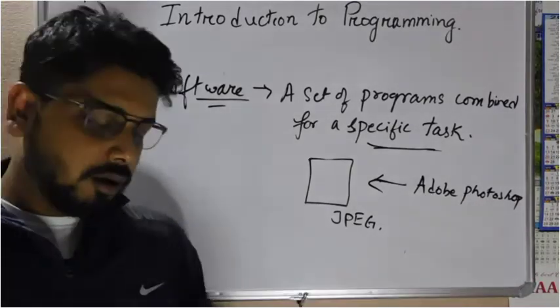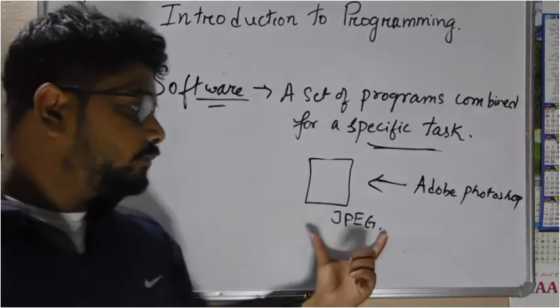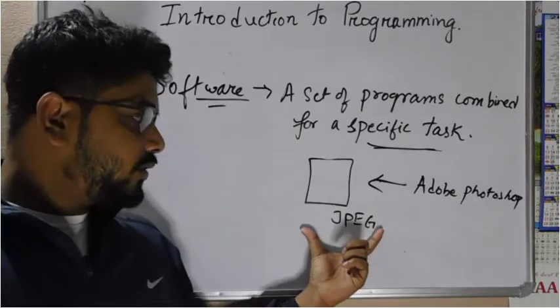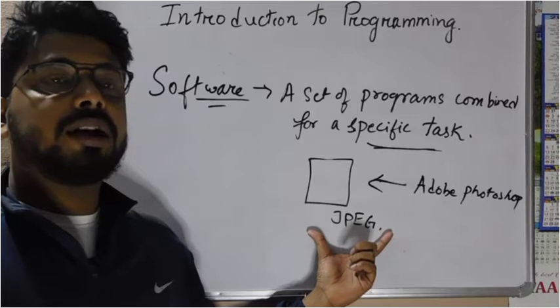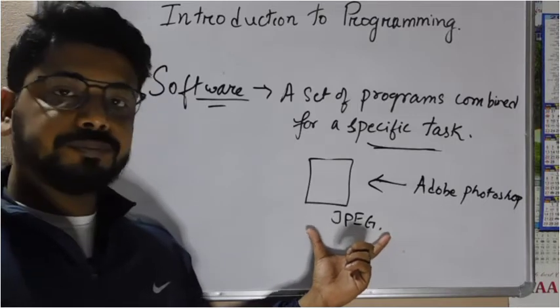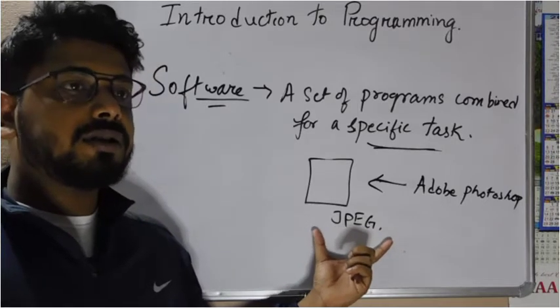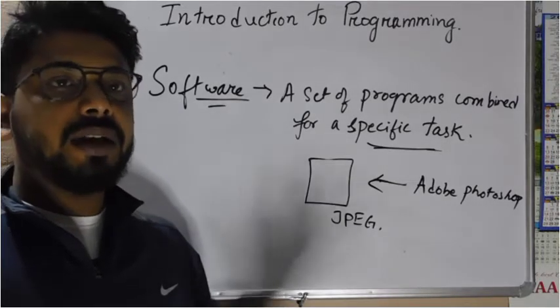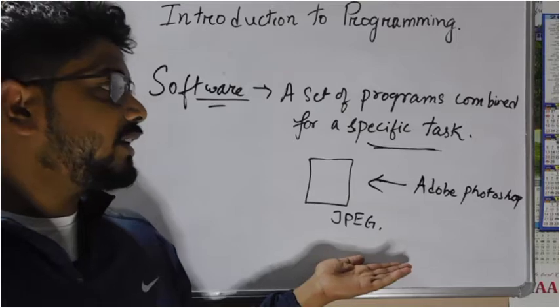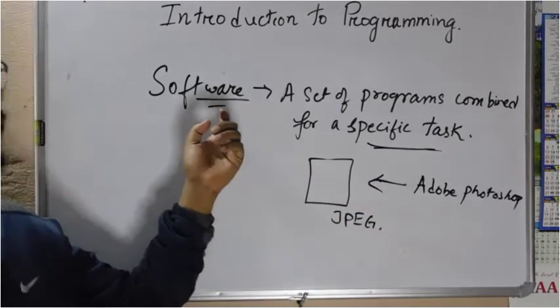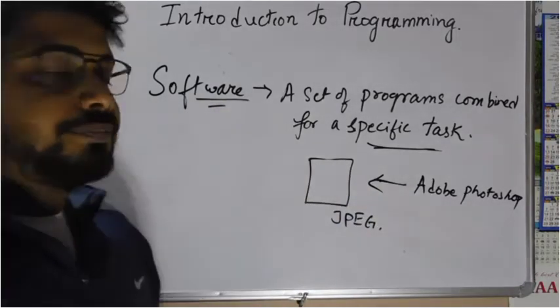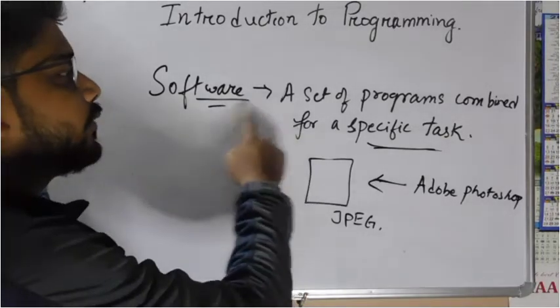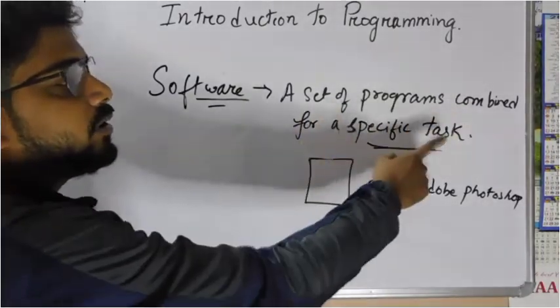Through Adobe Photoshop, you can do editing with pictures, motion images, videos. You can increase or decrease the brightness, increase the contrast, and make adjustments with the color. All these facilities are there in one single software, right? That is why it is said that a software is a set of programs combined for a specific task.